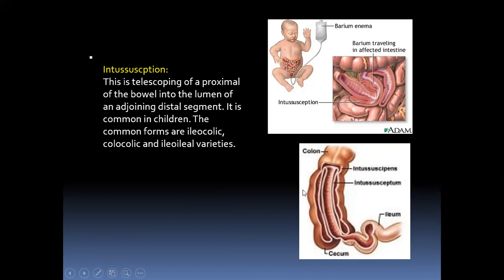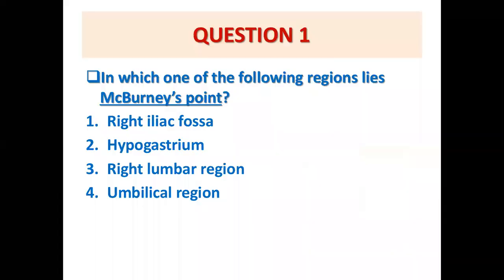This is intussusception, a telescoping of a proximal segment of the bowel into the lumen of the adjoining distal segment. It is commonly seen in children, and the common forms are ileocolic, colocolic, and ileal varieties. All this we'll study in detail in pathology.